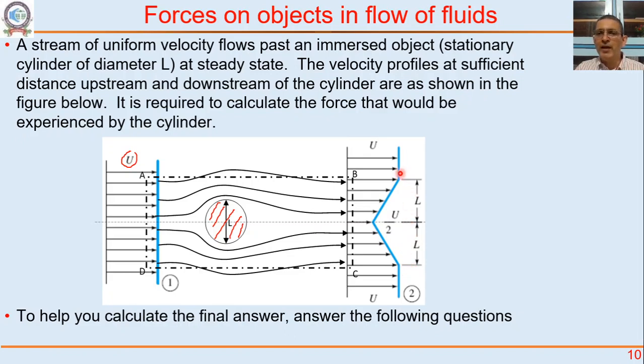So beyond 2L, the velocity is as if unaffected by the flow. Go back in the video and see the streamlines around that ball. At some distance away from the ball, the streamlines are practically not affected by the presence of the ball.